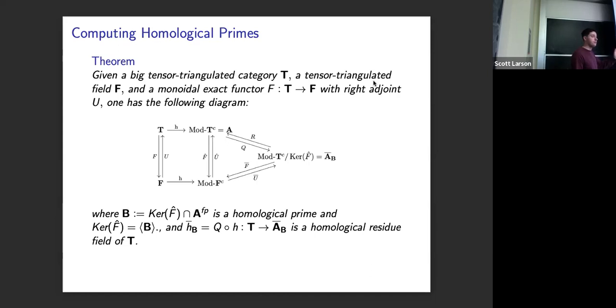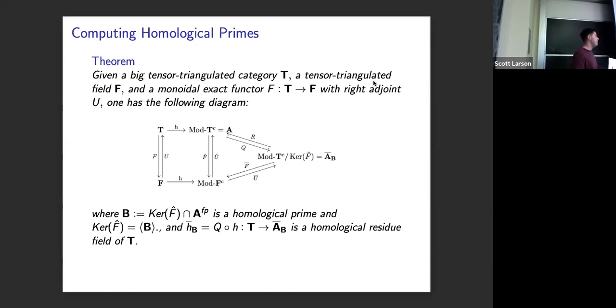This is terminology introduced in Balmer's papers, but you should think of them as like ordinary fields in commutative algebra, so they don't admit non-trivial localizations. Maybe this diagram isn't the most transparent thing to look at first, but given one of these tensor functors to a TT field, you feed it to the diagram and it produces a homological prime.